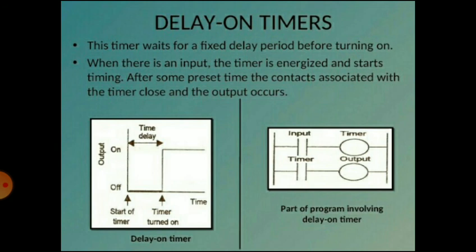It then closes the timed contact on rung 2 after some preset time has elapsed. The timer is reset when the input goes off. So this timer waits for a fixed delay period before turning on. When there is an input, the timer is energized and starts timing. After some preset time, the contacts associated with the timer close and the output occurs.